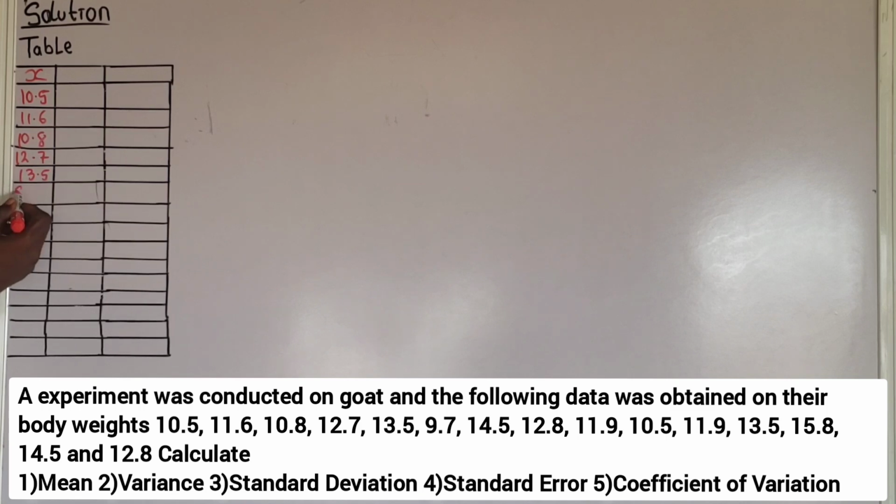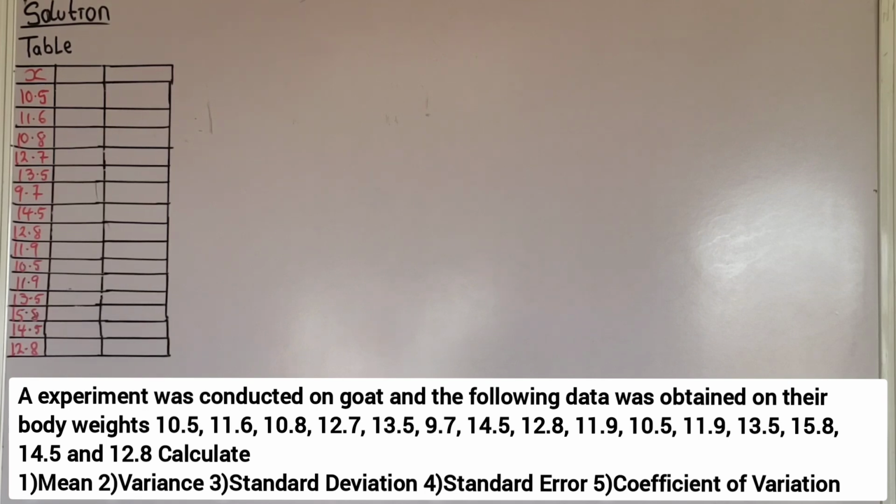After 13.5 we have 9.7, then 14.5, then 12.8, 11.9, 10.5 again, then 11.9, 13.5, then 15.8, then 14.5, sorry. Then after 14.5, we have 12.8, which is the last body weight that we are given in the question. Now, these are the values of x that we have.